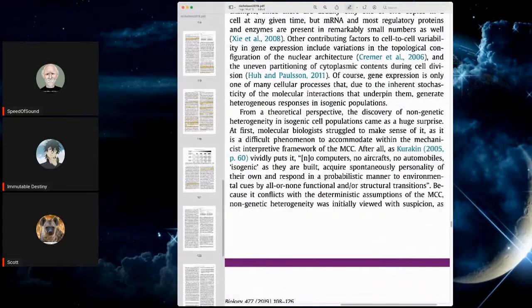All right. Scotty. I will now begin to read. From a theoretical perspective, the discovery of non-genetic heterogeneity in isogenic cell populations came as a huge surprise. At first, molecular biologists struggled to make sense of it, as it is a difficult phenomenon to accommodate within the mechanicist interpretive framework of the MCC.